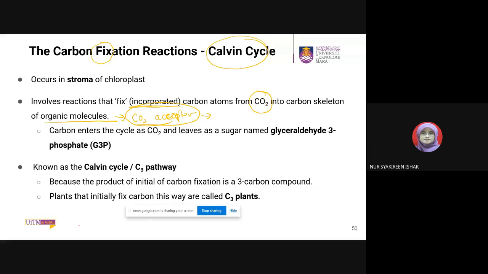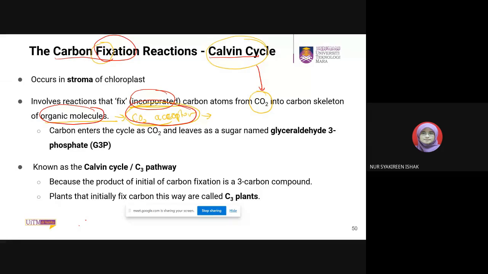So Calvin cycle ni kalau tengok tajuk dia bagi nama dia sebagai carbon fixation. Kenapa carbon fixation? Kalau tengok fixation maksudnya incorporate. So the Calvin cycle will incorporate carbon dioxide to another organic molecule. We call it as carbon dioxide acceptor.